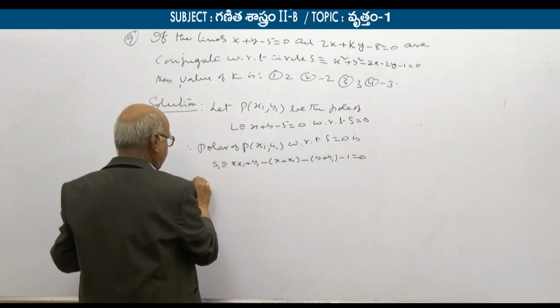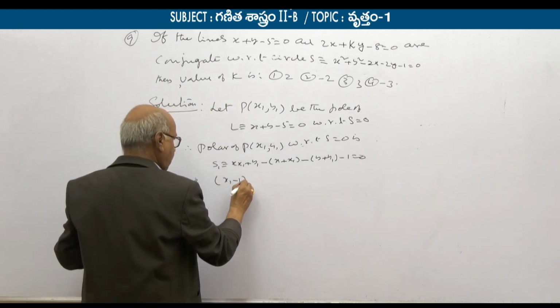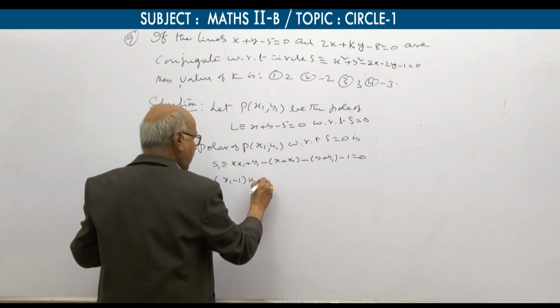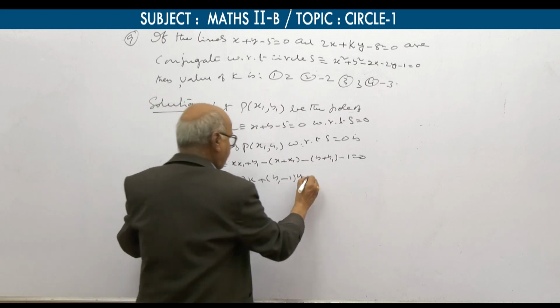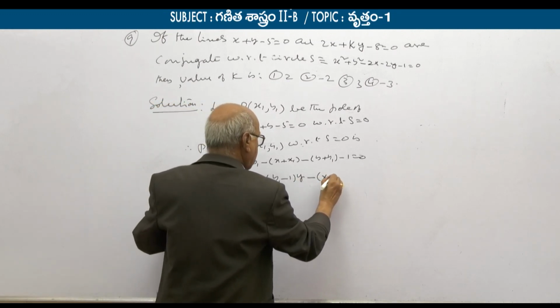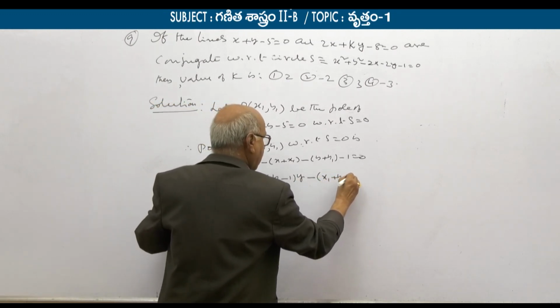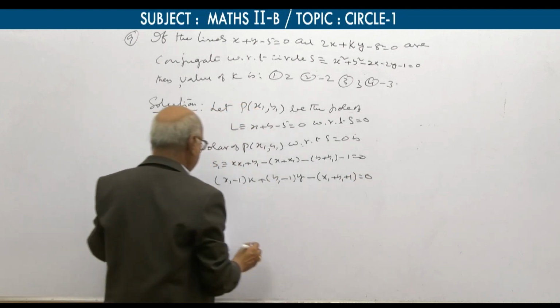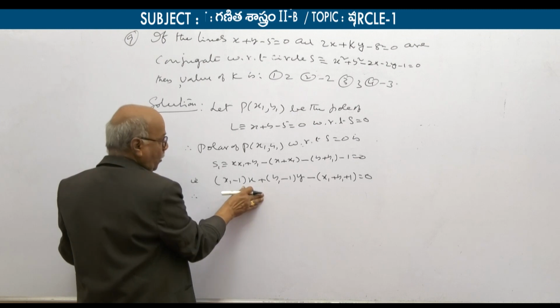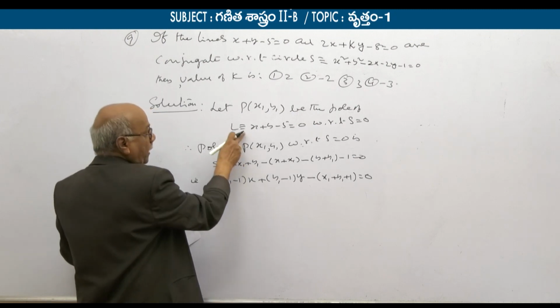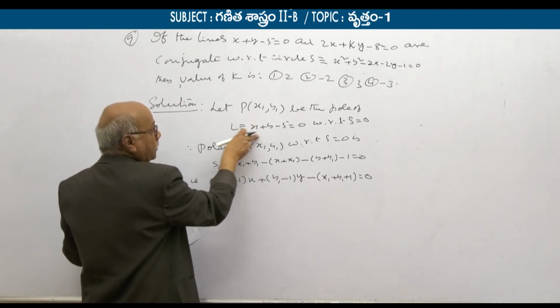Or that is (x1 minus 1) into x plus (y1 minus 1) into y, and minus (x1 plus y1 plus 1) equal to 0. So therefore, this is the polar of the point x1, y1.